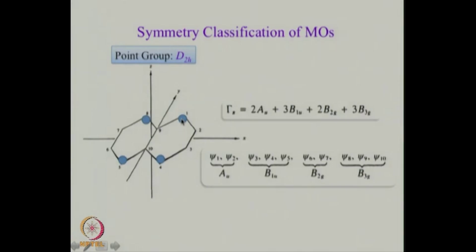Where does it go? Atom number 5. Now, if I work with say pz orbital of atom number 1 and invert it, what do you get? Pz orbital of atom number 1? This is the point of inversion. What does it become? Does it become the pz orbital of atom number 5?